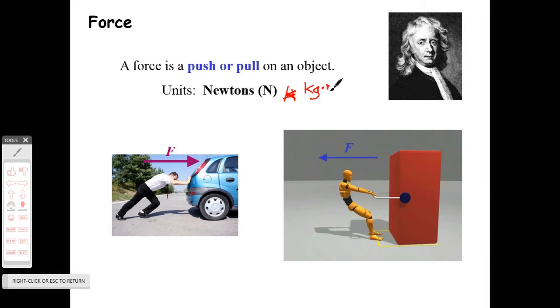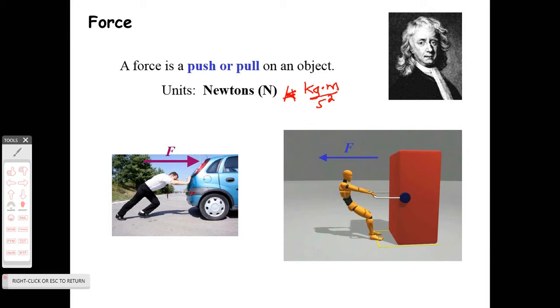So essentially, if you look at this, meters per second squared, that's acceleration. And then we're just adding mass to that. So it's basically mass times acceleration, which we're going to get to as we move along.